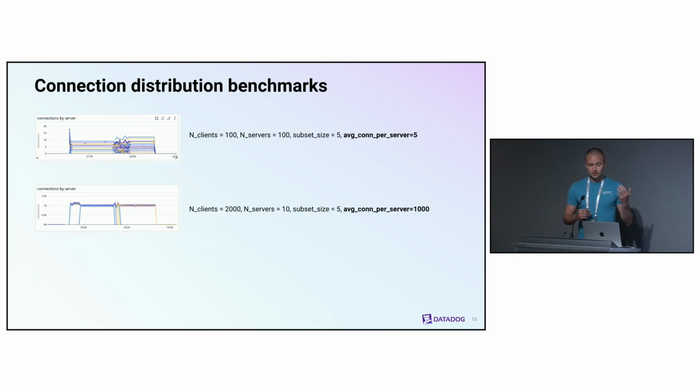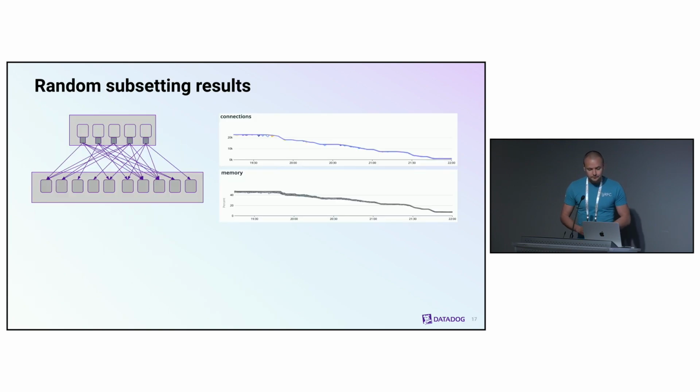On the top slide, you can see that the average number of connections is close to 5 and the distribution is terrible. But on the bottom slide, the average number of connections is close to 1,000 and it looks kind of tight. But the bad news here is that average number of connections per server is exactly the property we are trying to minimize. So there are some trade-offs here.